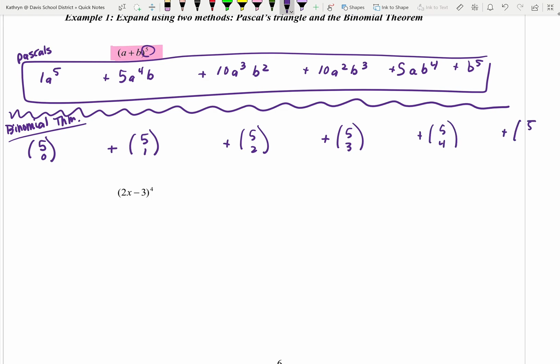Plus 5 combination 5. Okay. The a starts big. So it's a to the 5th, a to the 4th, a to the 3rd, a to the second, a to the first, a to the 0. b starts small, none, and then 1, and then 2, and then 3, and then 4, and then 5.